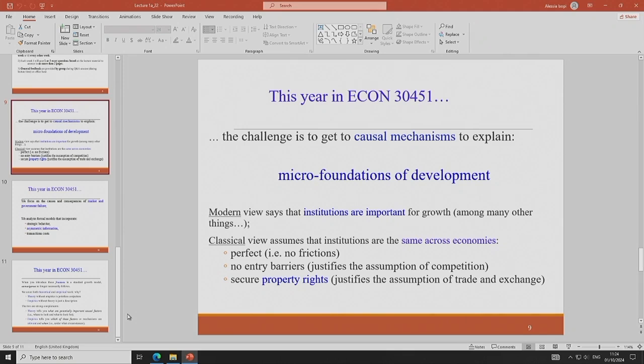Then in the 90s, thanks to technology and data availability, people started to evaluate this massive influx of capital, and they were about to say, well, actually, there hasn't been much growth despite all the capital that has been channeled into these countries.